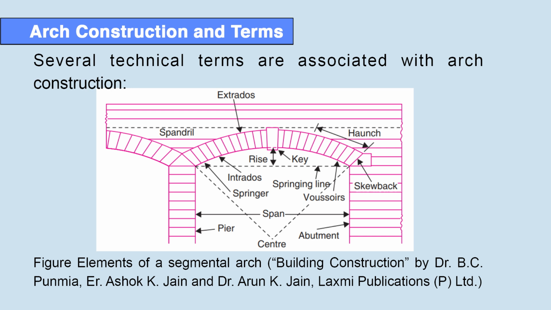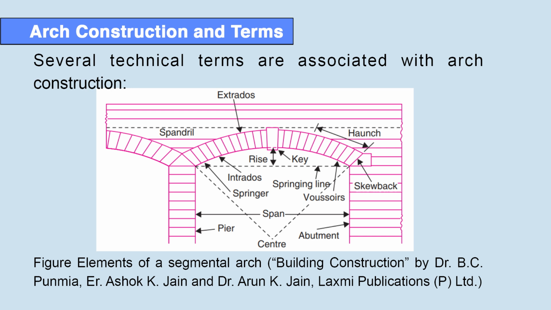Next is springer. What is a springer? The first voussoir at the springing level adjacent to the skewback is known as the springer. Next is abutment. The end support of an arch is known as abutment. Next is pier, an intermediate support in an arcade.